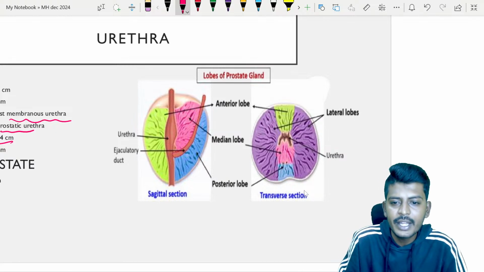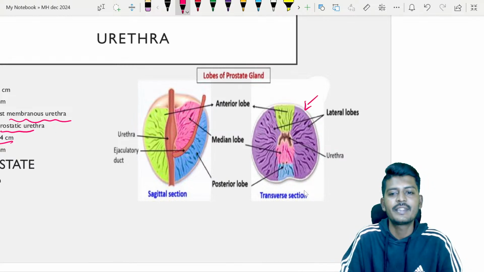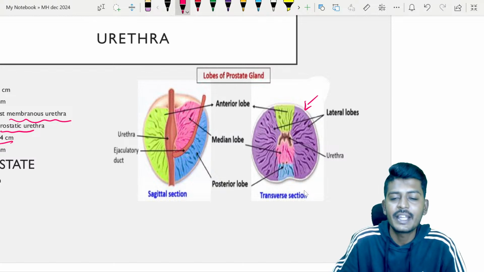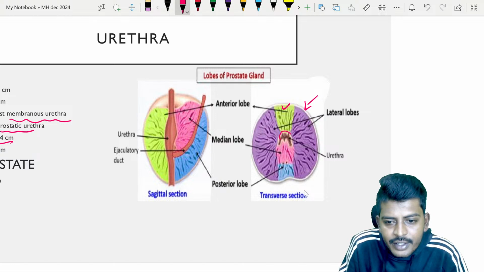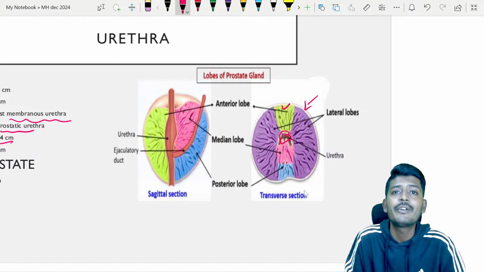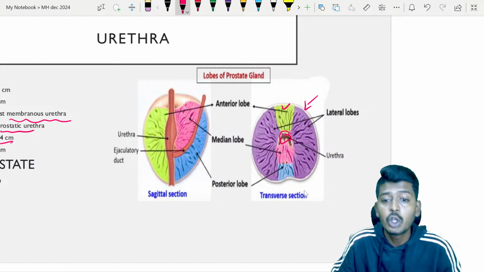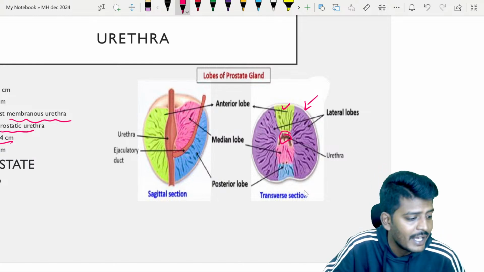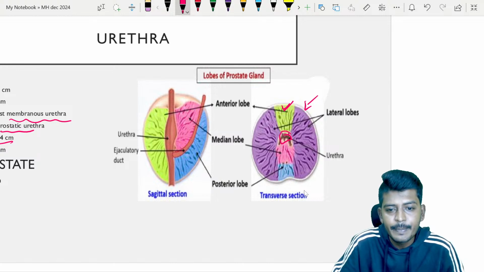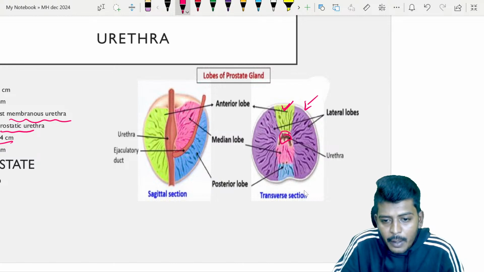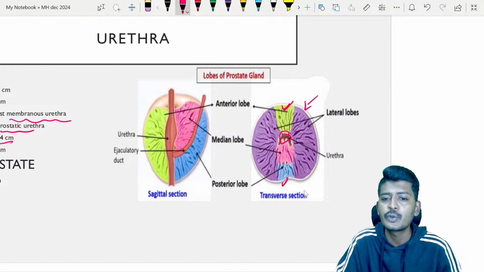Let's see. Here we can see very clearly a transverse section. We have one lobe on the anterior side. In the middle there is an opening. Can you notice this? This opening is the urethra, my dear students. Anything in front of the urethra is the anterior lobe. The lobe which is posterior-most is the posterior lobe.